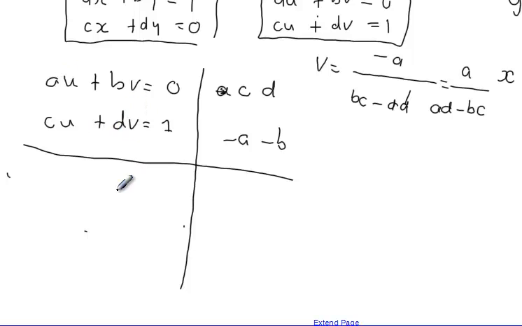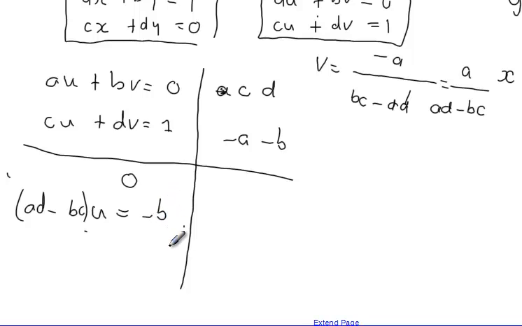Then this is going to give us 0 here. What are we going to get this side? We're going to get AD minus BC, brackets, equals to, no, sorry. What do we have there? U equals, what are we going to get this side?